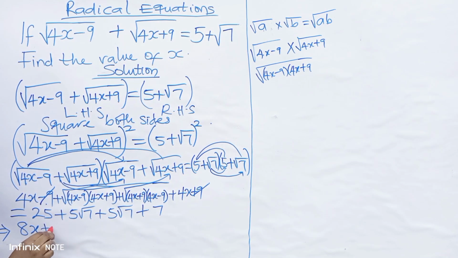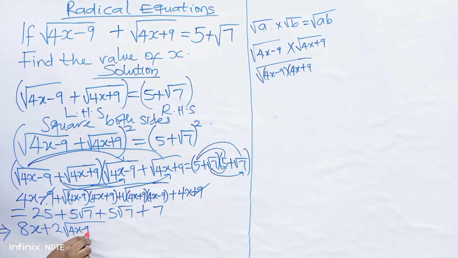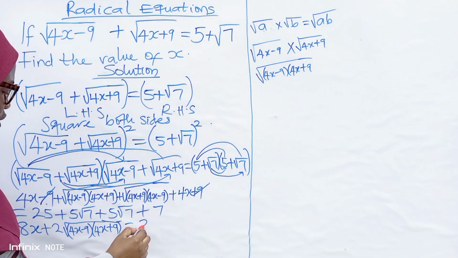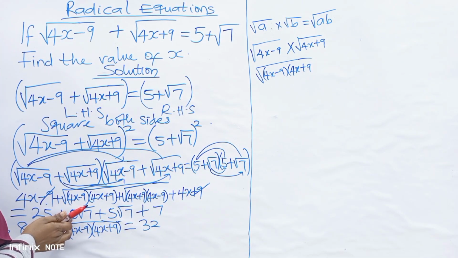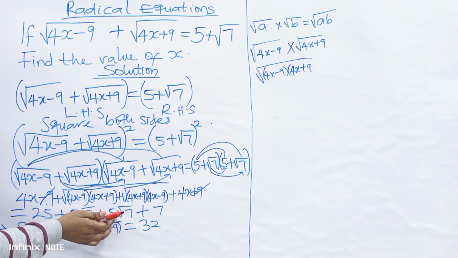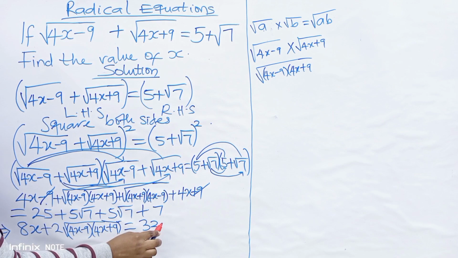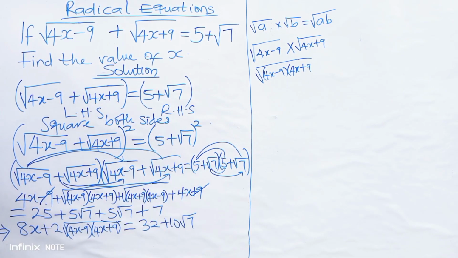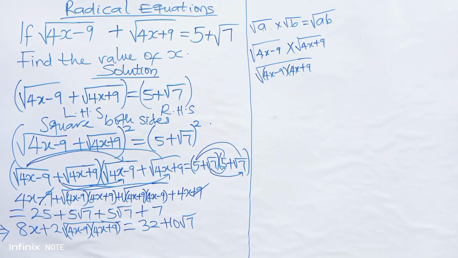So that will be plus 2 root 4x minus 9 multiplied by 4x plus 9. So it is equal to 25 plus 7, that is 32. So I have plus 7 plus 5 with 7 plus 5 with 7. That will be plus 10 with 7. So I'm done with that.